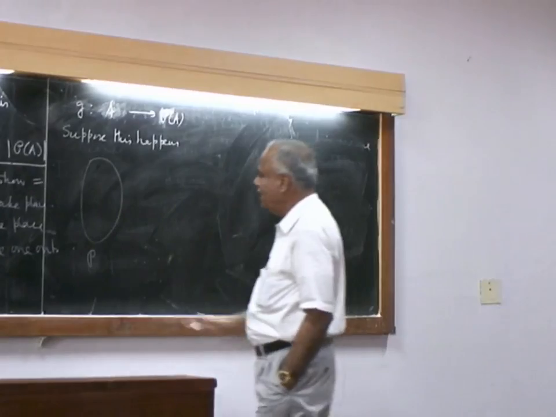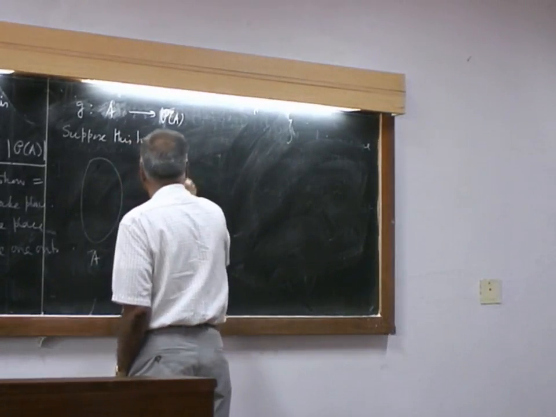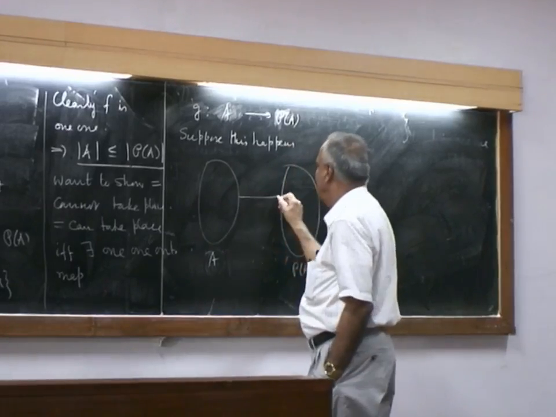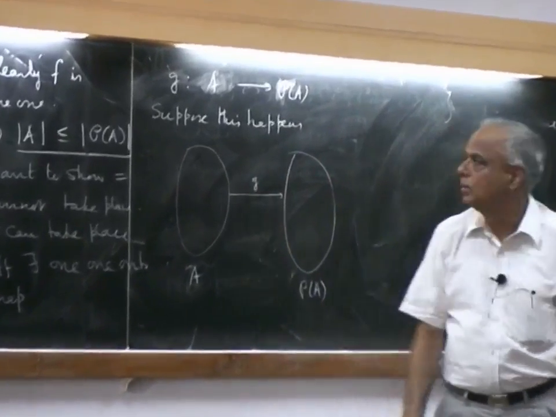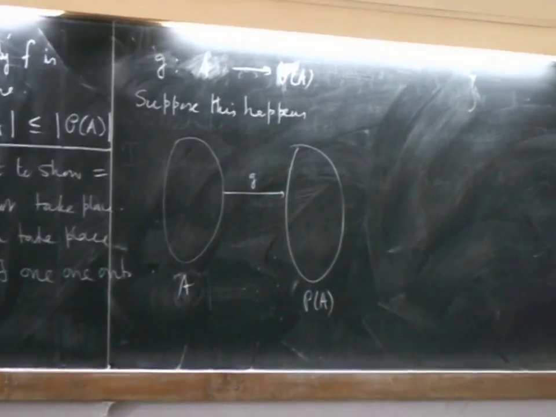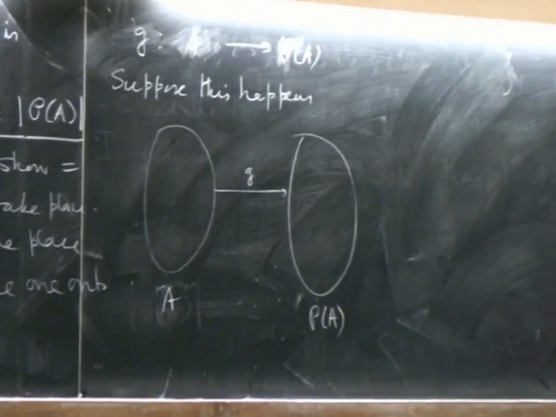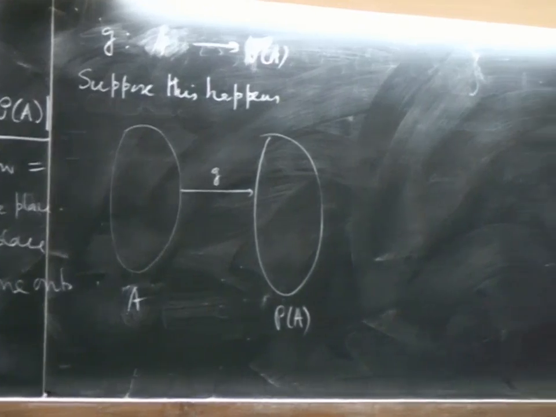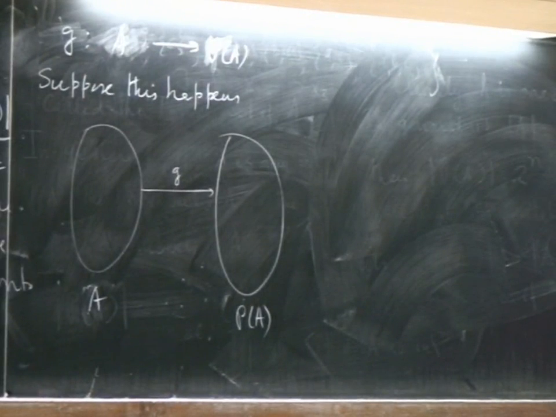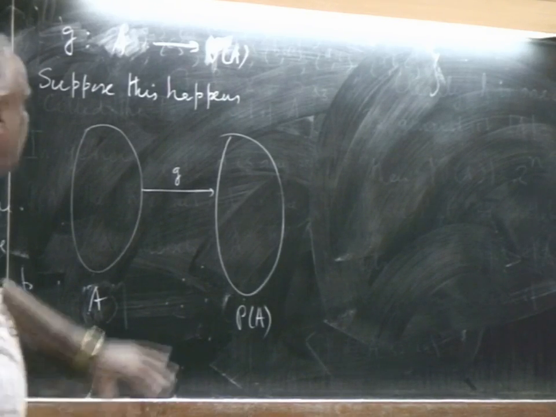So, there is A. There is PA and this g is going to go from there to there, and what it does is it converts every element to a subset. Okay. So, in other words, every person is converted to a team, some team as a member of some team. Okay. An individual becomes a team, the subset.